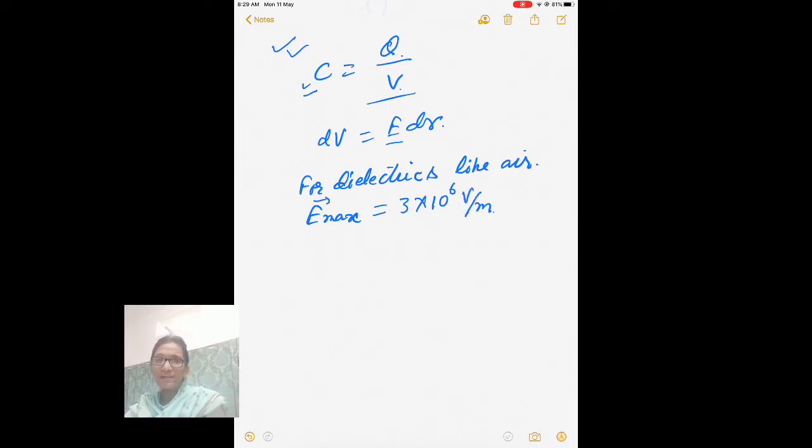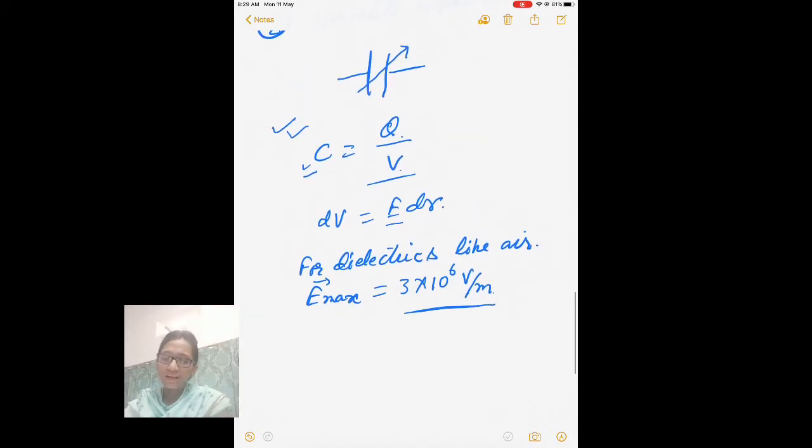So if you increase electric field in the vicinity of any conductor more than this value, then the air surrounding that conductor will start conducting the charges on the conductor.